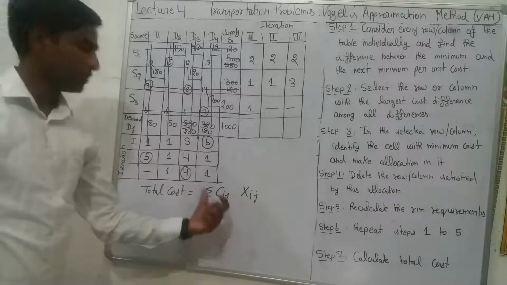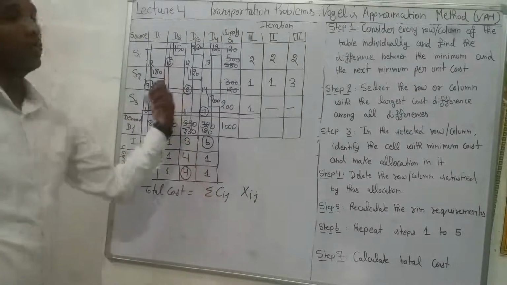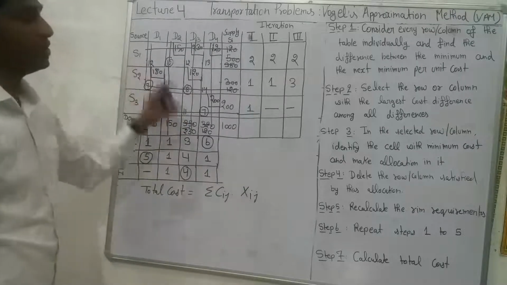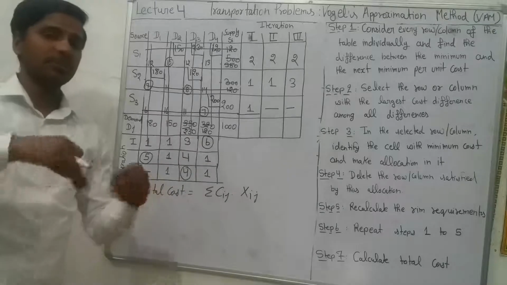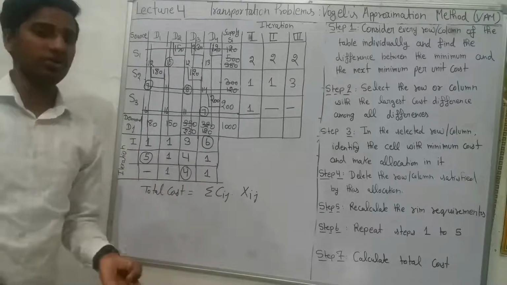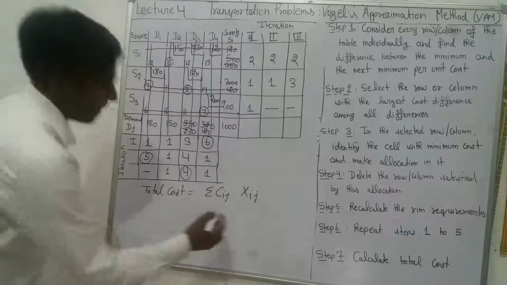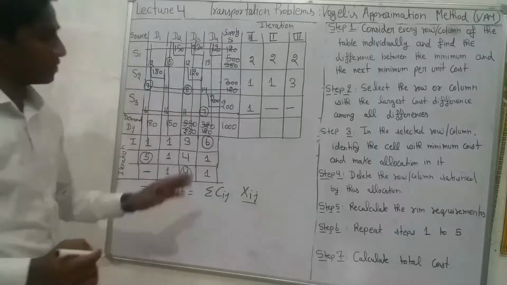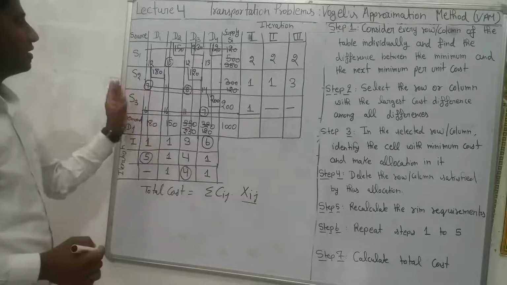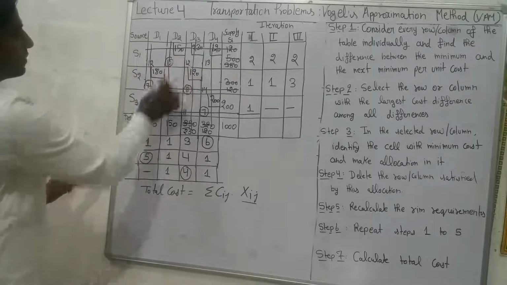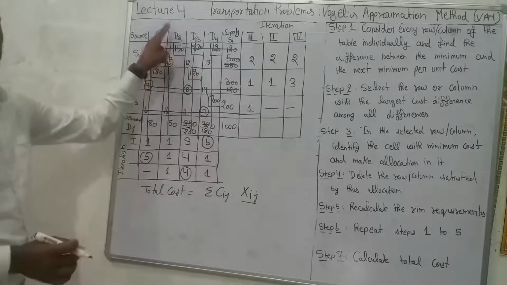Cij means cost per unit in the occupied cells, and occupied cells are the cells in which we have allocated more than 0 units. And Xij denotes the total units transported through a particular route, for example, 150 units through this route.